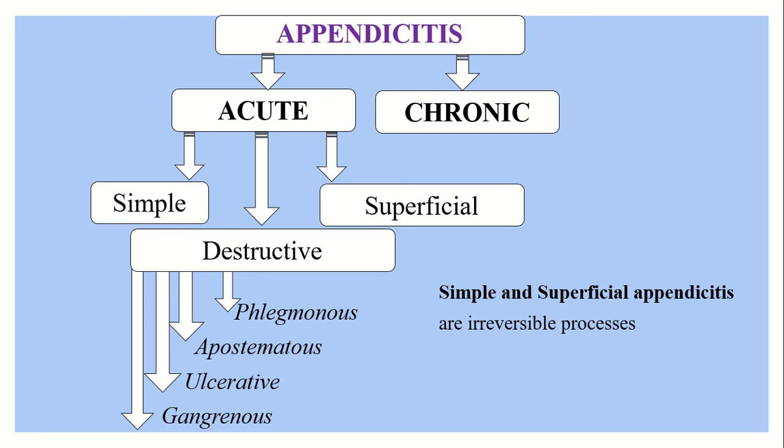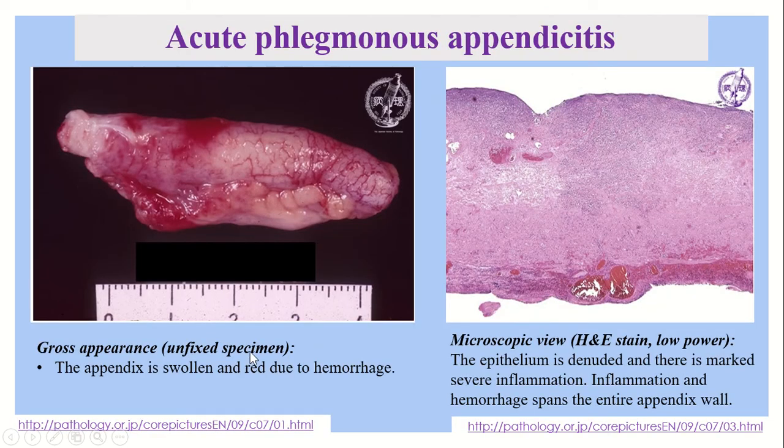The simple and superficial appendicitis are reversible processes. But the destructive process is not reversible. They continue as phlegmonous, apostematous, ulcerative, and gangrenous processes.